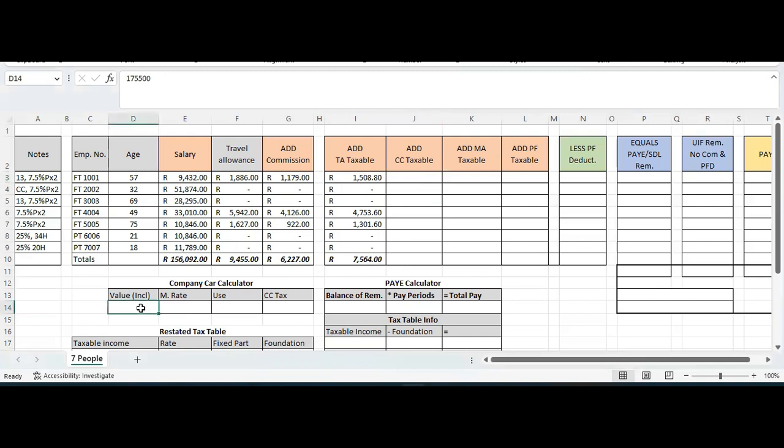So the value of the company car, inclusive of VAT, when it was allocated to him last year, was 175,500. Okay, the monthly rate was given to us at 3.5%. And they said to us that we must use the 80%.